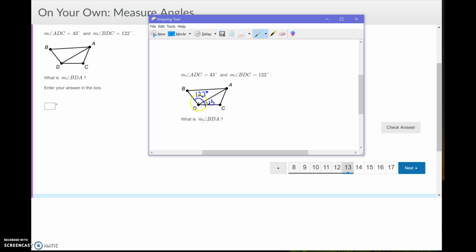And we're looking for BDA, so we're going to take 122 and subtract 43. And that gives us 79.